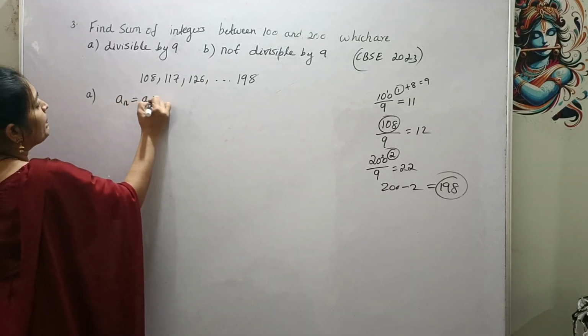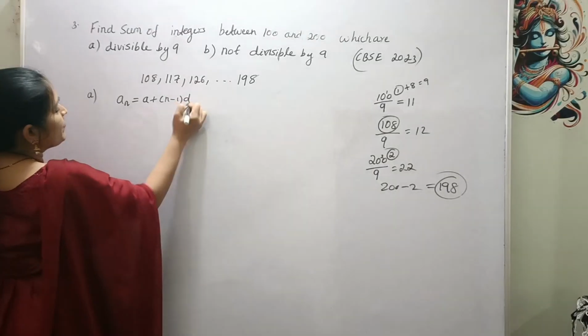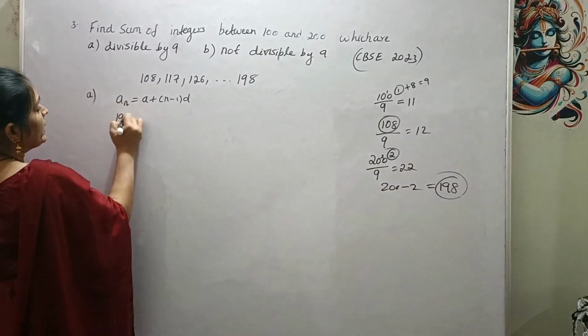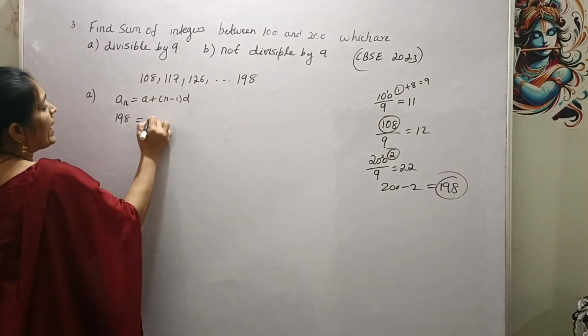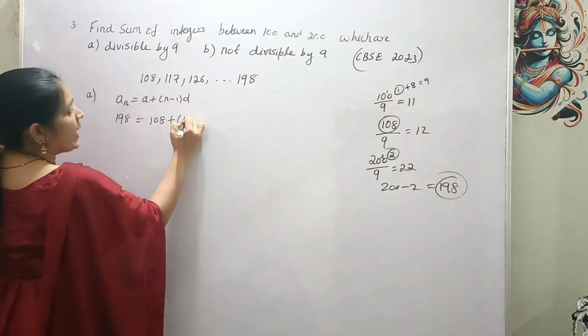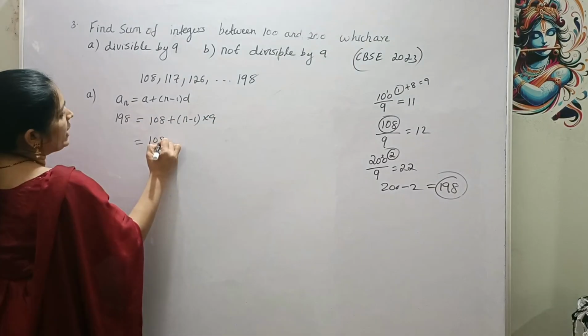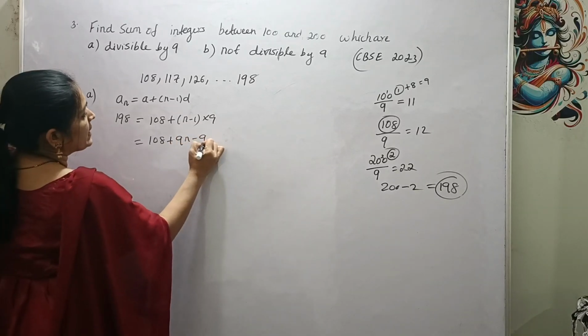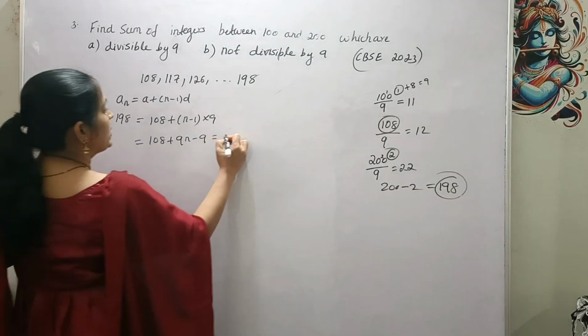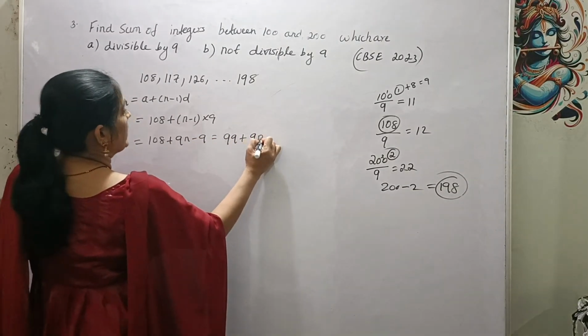An is equal to a plus n minus 1 into d. 198 is equal to 108 plus n minus 1 into 9. That is 108 plus 9n minus 9, that is equal to 99 plus 9n.